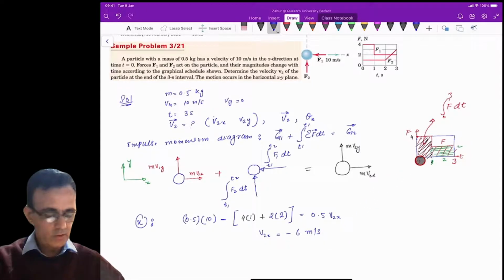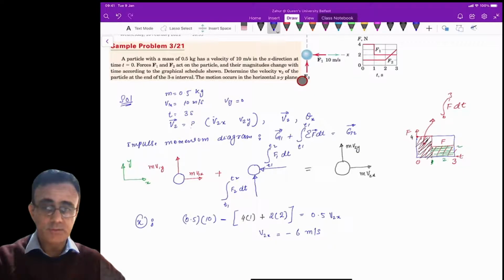Okay, now this was the velocity in the x direction, but obviously you are also applying a force in the y direction, so the body should also move in the y direction. So now you need to calculate the velocity of the body in the y direction, for which you can again use this impulse momentum diagram, taking the y component.